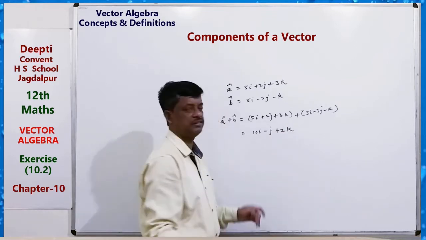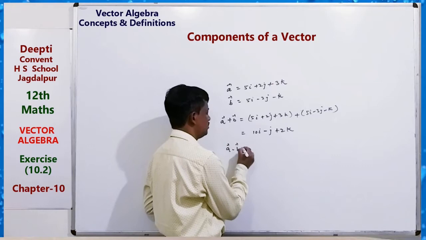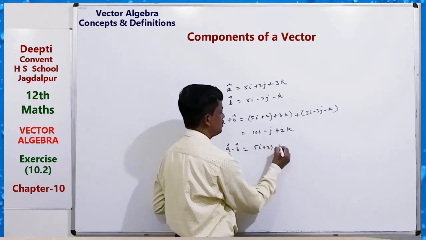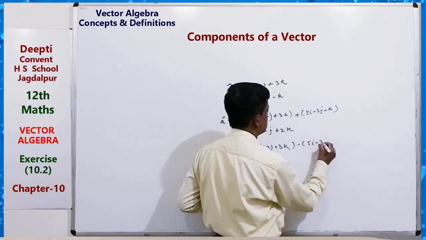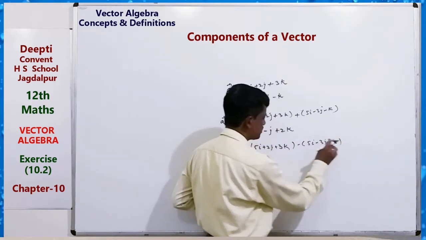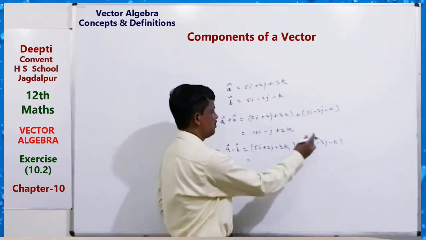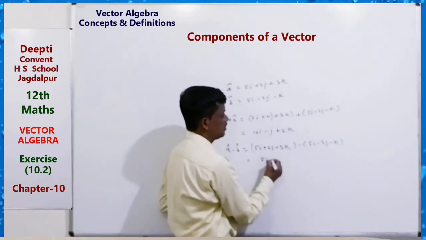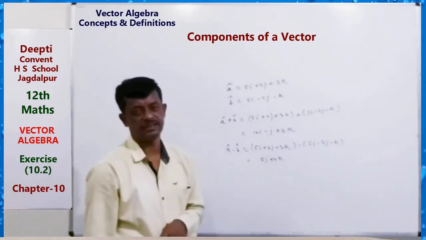Just simple addition. Subtraction, a minus b, you can do also: 5i plus 2j plus 3k minus 5i minus 3j minus k. Just subtract as usual. So 5i cancels, 2j minus minus 3j gives plus 5j, and 4k. So this is subtraction.